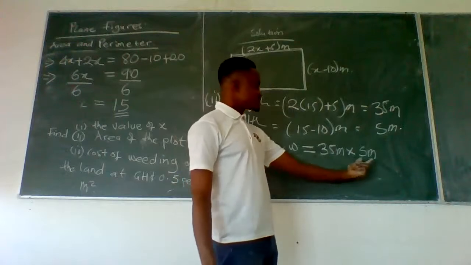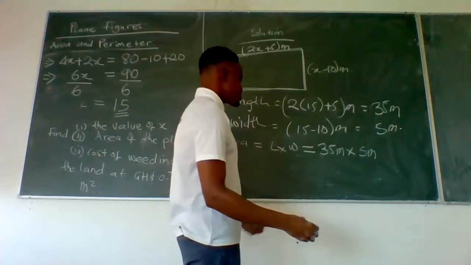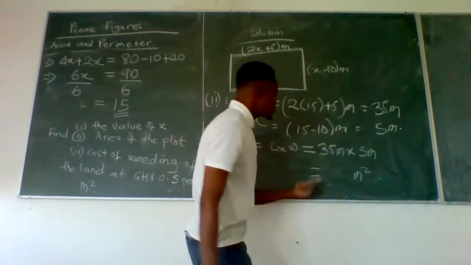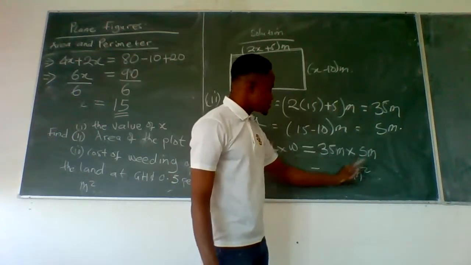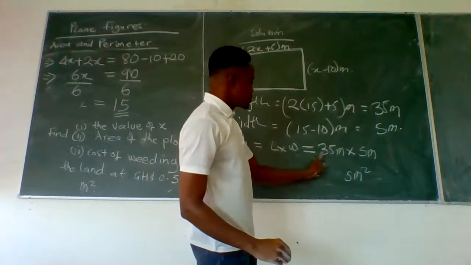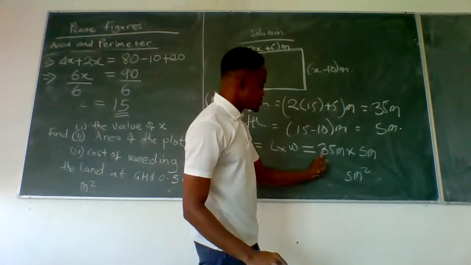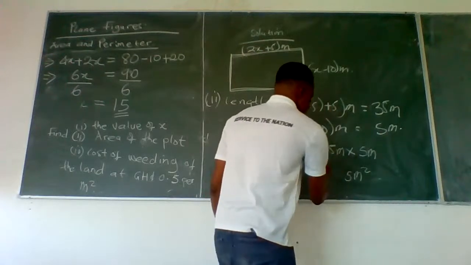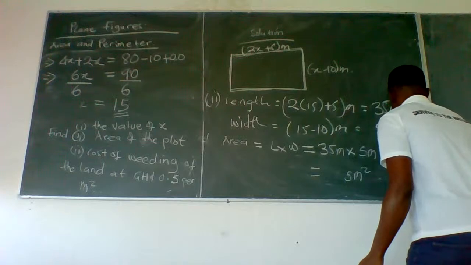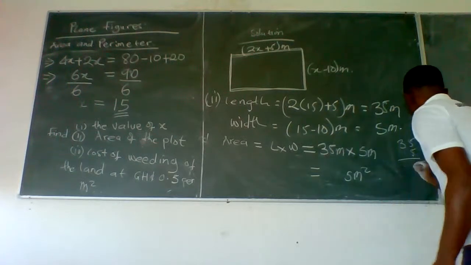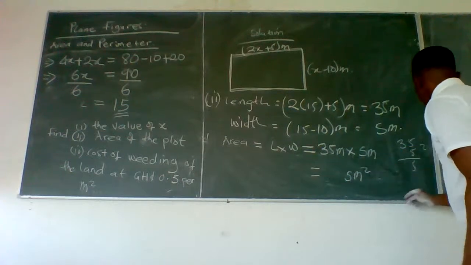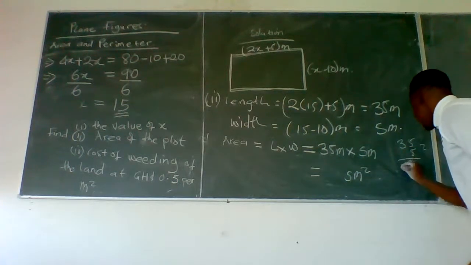So we have meters multiplied by meters, so that will give us meters squared. 5 times 5 gives us 25. 3 times 5 gives us 15 plus 2 is 17.